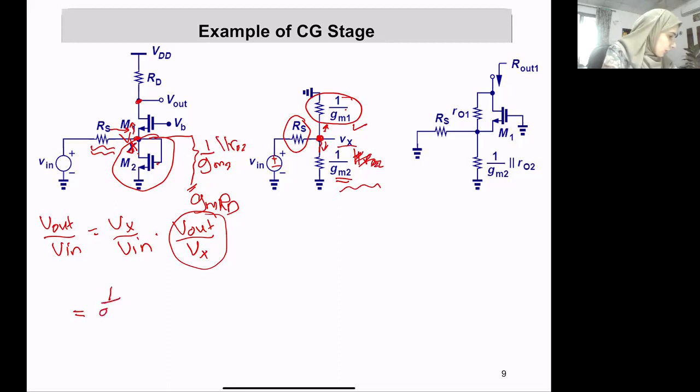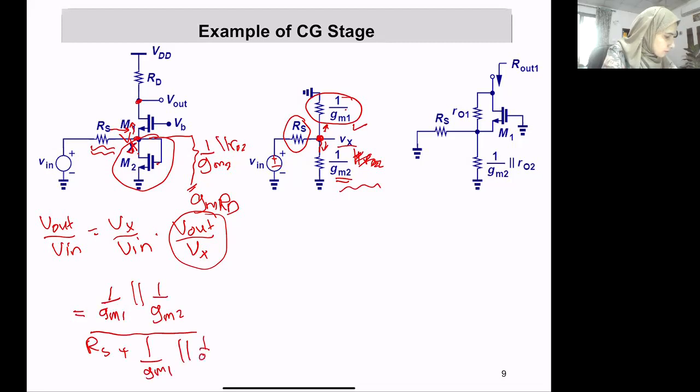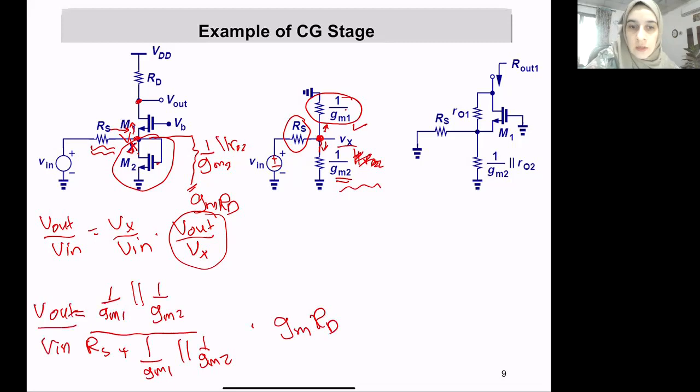So (1 over Gm1 in parallel with 1 over Gm2) divided by (Rs plus this parallel combination). This is Vx over Vn, multiplied with Gm Rd, and I get the overall gain of V out over Vn. Any question on this?